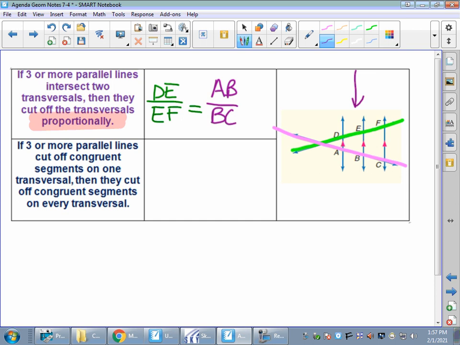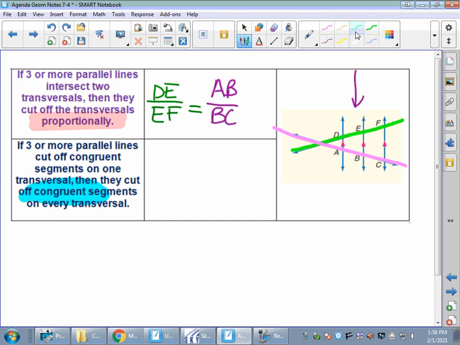The next one, though, same diagram, 3 or more parallel lines are cut off. If they cut off congruent segments on one transversal, then they cut off congruent segments on every transversal. So I feel like it's really important to notice that it's got the word congruent in there, right? So congruent tells you equal, so no proportion. This is the second time we're going to set this up.